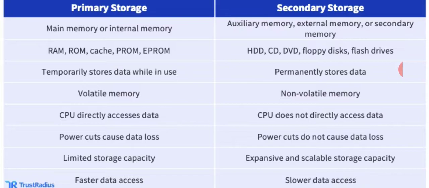Thus, as the CPU cannot directly access data from the secondary memory, the access of data is comparatively slower than the access of data from the primary memory. So below listed are some of the differences between the primary storage and the secondary storage devices. I hope it is clear to you.